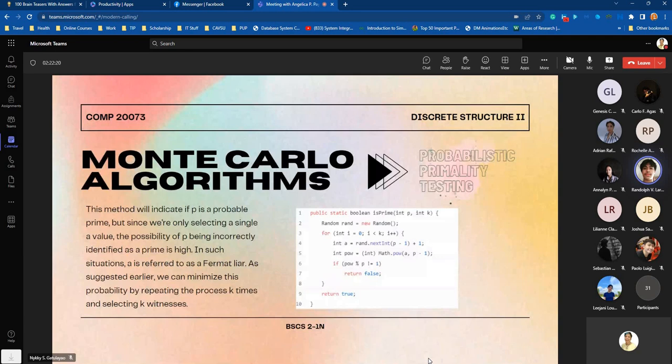As suggested earlier, we can minimize this probability by repeating the process K times, expecting K witnesses. This allows us to improve the probability of correctly determining the primality of P by performing K iterations, in which the probability of error becomes vanishingly small for large values of K. So next.